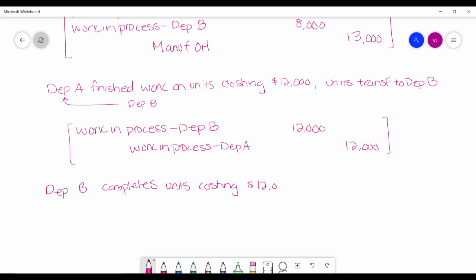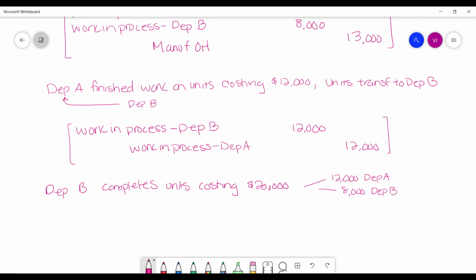So let's assume everything that was transferred, and let's make that a larger number, $20,000. So that would mean that $8,000 of costs were added within that department. So that means that $12,000 of that was spent within Department A, and $8,000 of that $20,000 was spent further in Department B to get those units to completion.